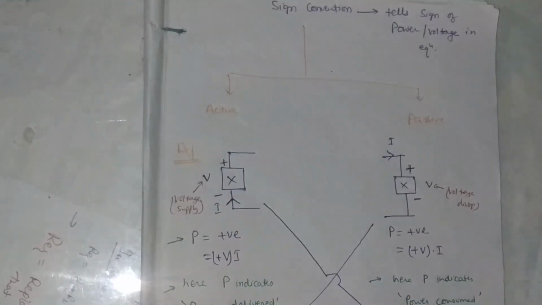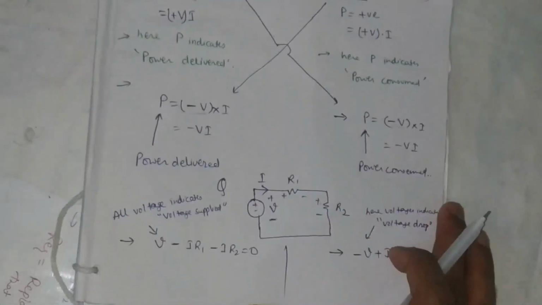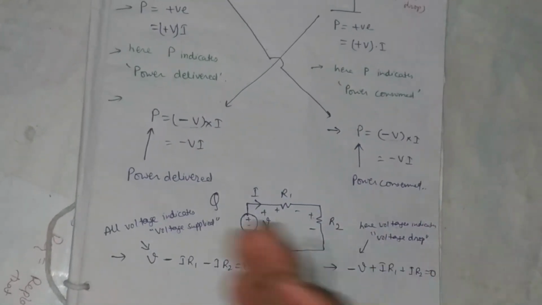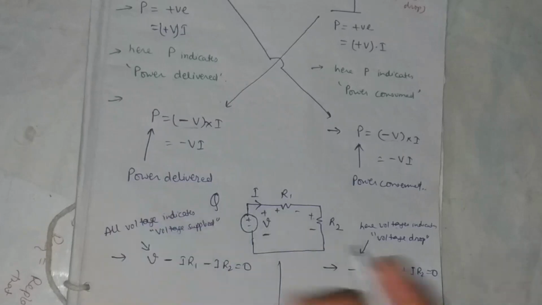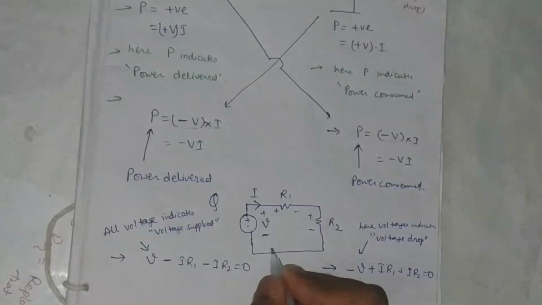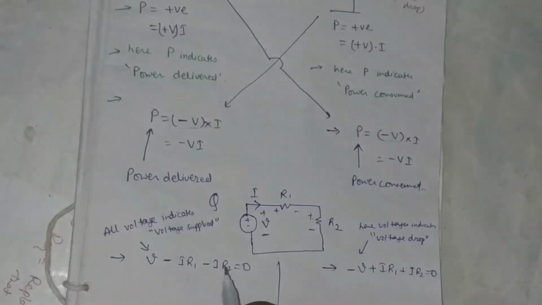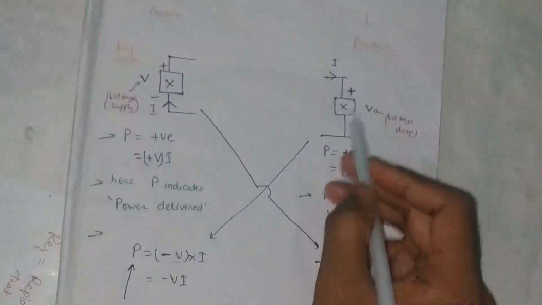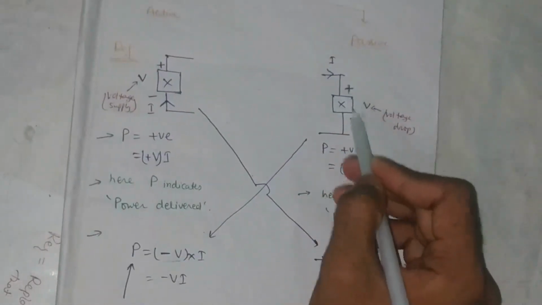Let's write the KVL equation of a circuit, first in passive sign convention, then in active sign convention. In passive sign convention, as I said earlier, if the current enters from the positive side, then voltage is said to be positive.